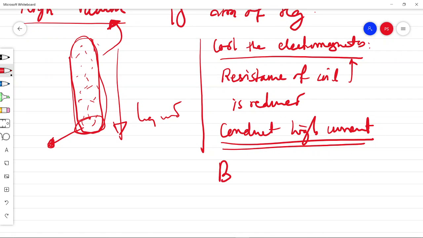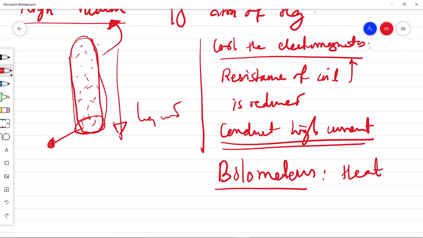Further, it can also be used to construct bolometers, which are used in astronomy to measure the heat coming from weak sources like stars, which are point sources of light.